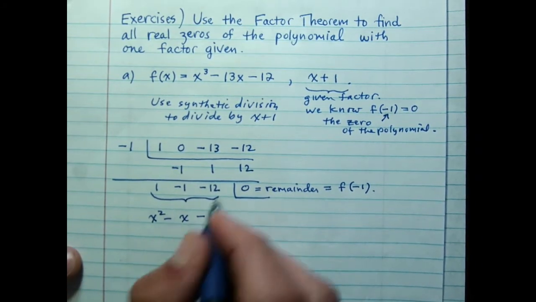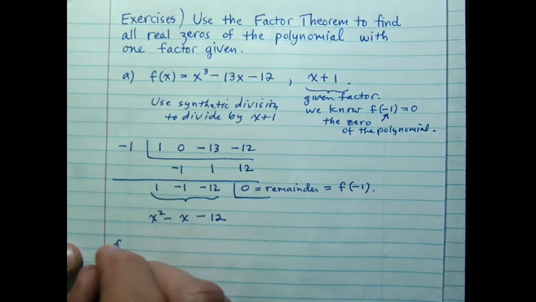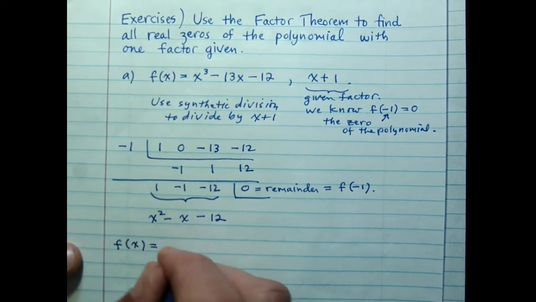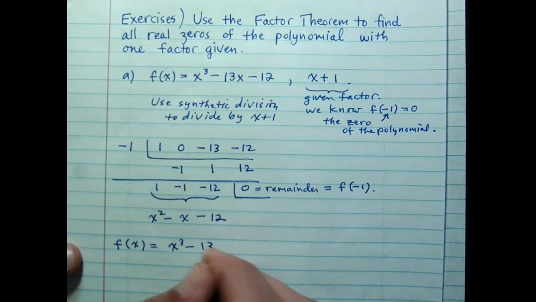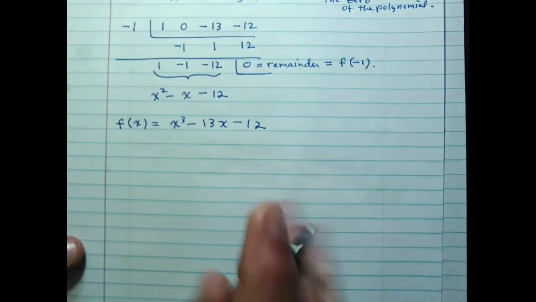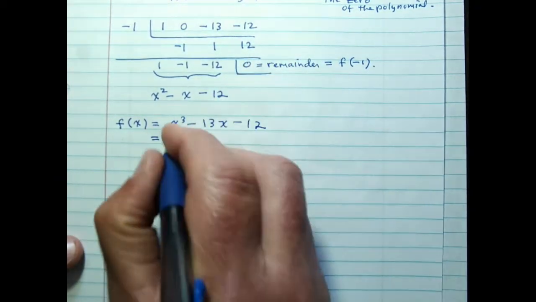And so what do we have here? We have this original function f of x is x cubed minus 13x minus 12. And we know that x plus 1 is a factor.